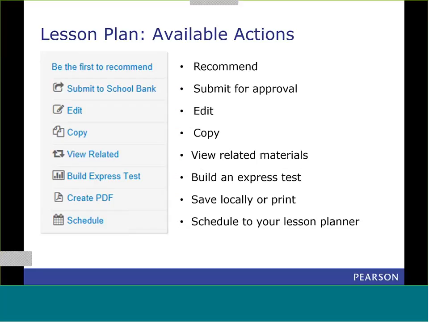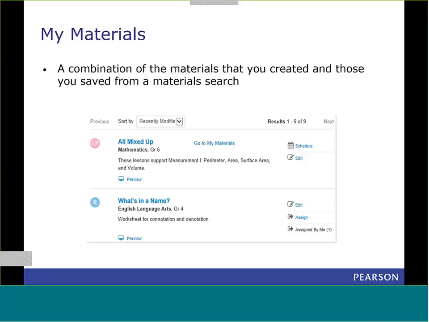Now for today, we're going to be able to edit anything that we create, and then we're also going to show you how to submit it for approval. Anything that you create on your own or you find in the material search, you can save and it will appear in your own materials. So for today, when we focus on creating our own, it will automatically be put into our materials bank.